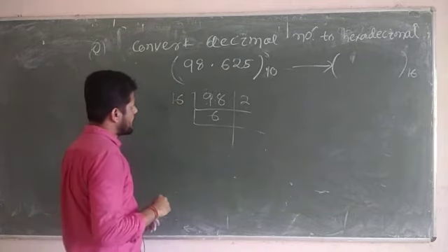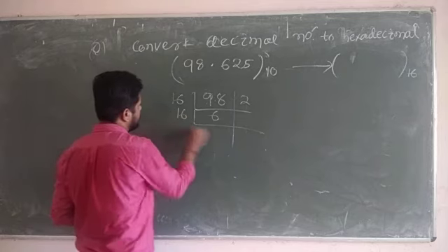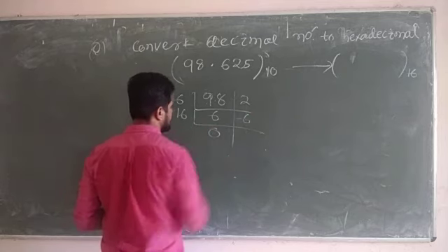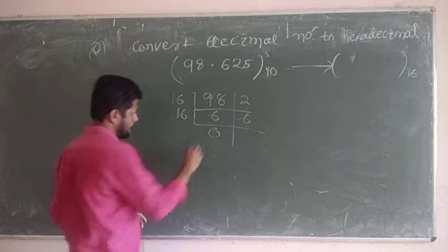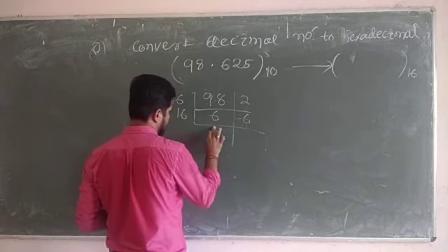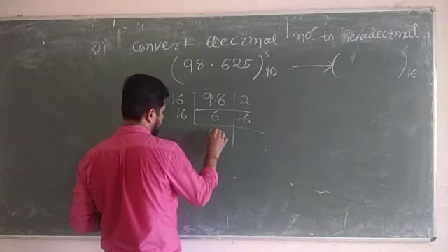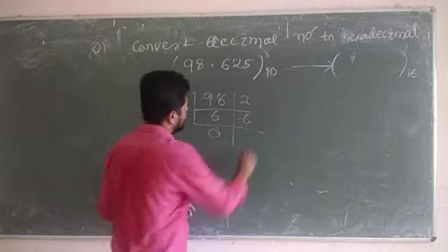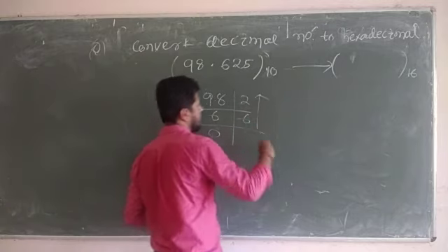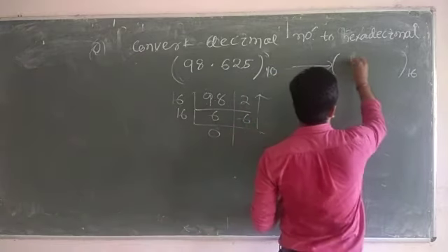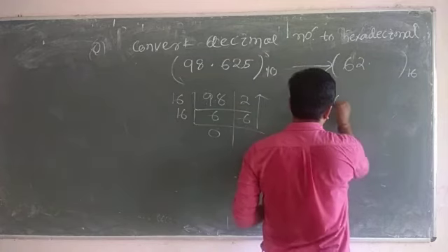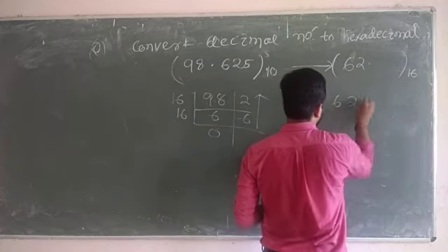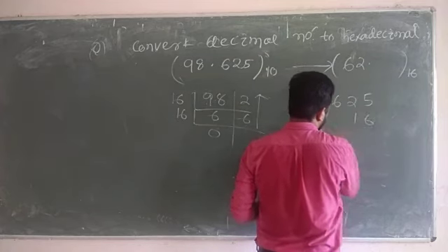Then 16 into 0, the answer will be 6. So write from bottom to top. So here will be 62 point, then again convert 0.625, multiply with 16.